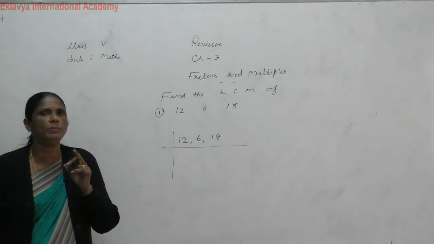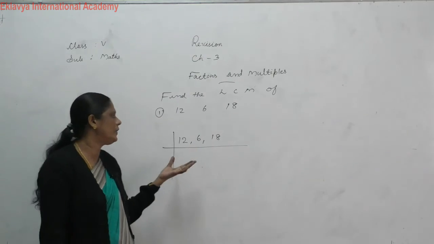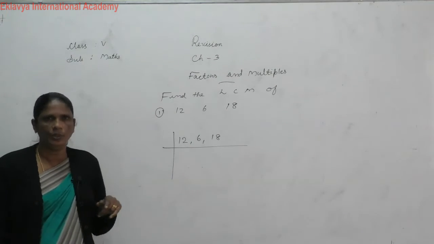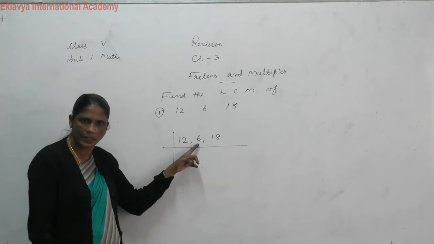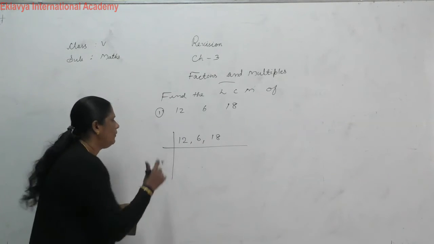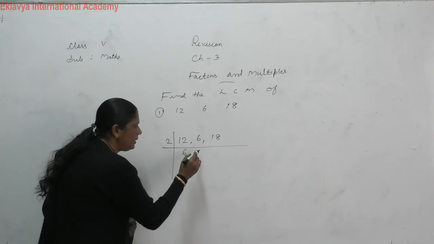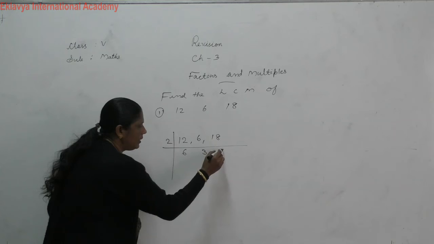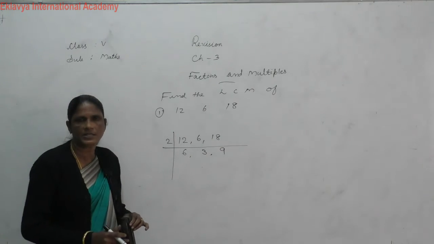First, this also you divide by prime numbers. First prime number is 2. Are 12, 6, 18 divisible by 2? Yes, yes, yes. We write 2. How many times does it go? 6 times here, 3 times here, 9 times here. Understand this step?